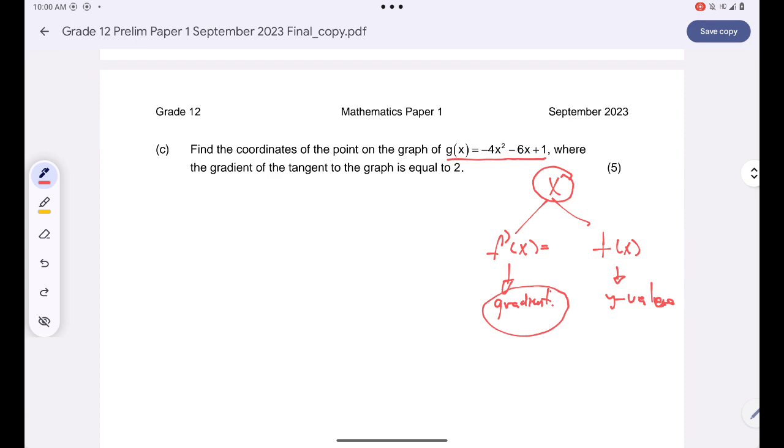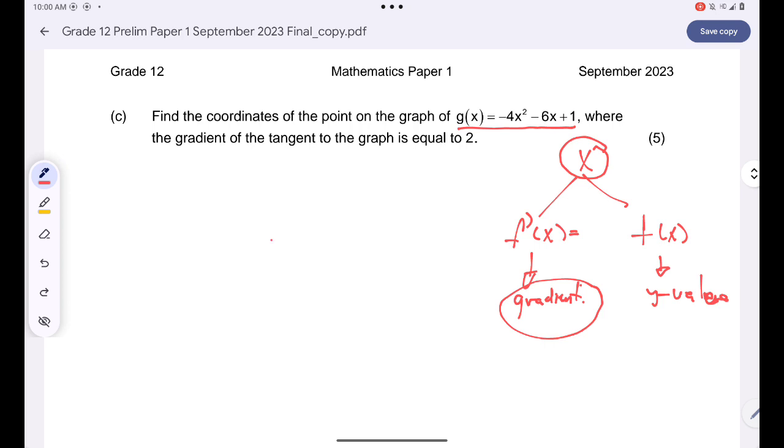Let's just do so. Firstly, let's find the derivative of g. g prime of x will simply be equal to negative 8x minus 6. I'm deriving my equation over there. Now, I'm told that the gradient of a tangent to the curve is equal to 2. So I want to know what is the value of x if the derivative is equal to 2.